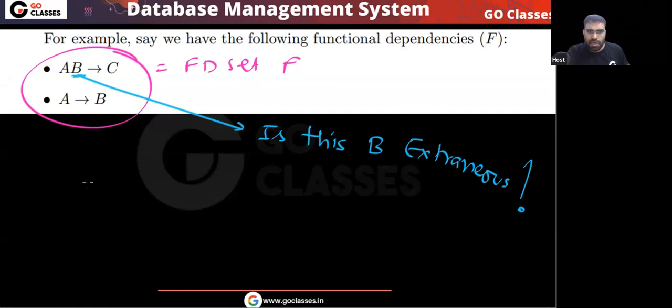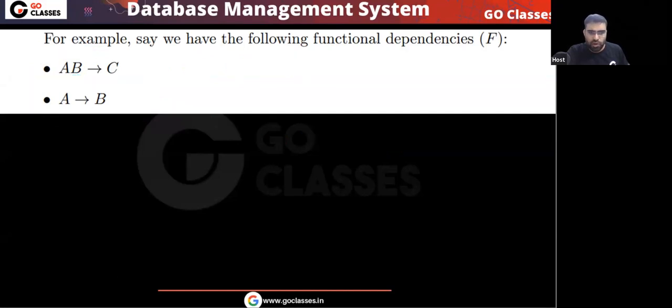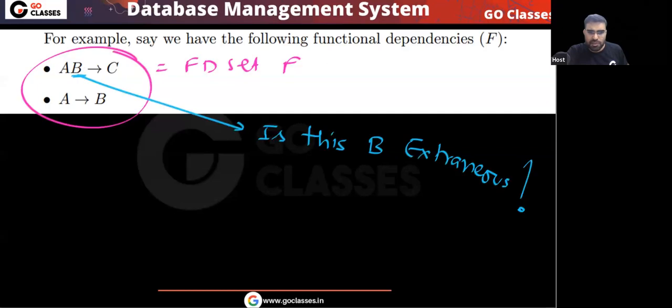What will you do if you want to check whether this B is extra or not? You will find A plus in this entire F. Basically, you check: can A determine C?